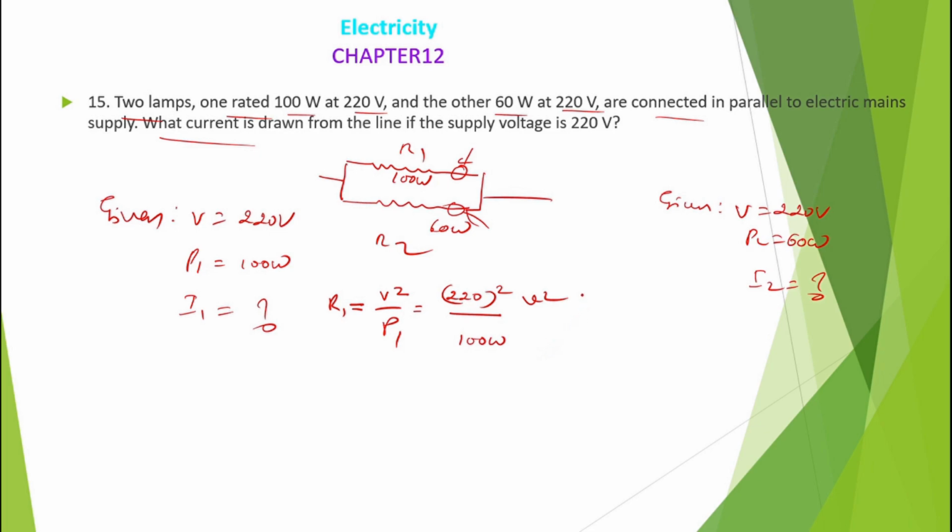So R1 is 220 whole square divided by 100 watt.